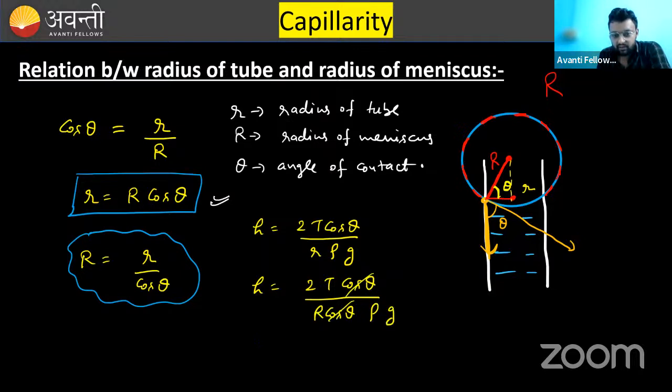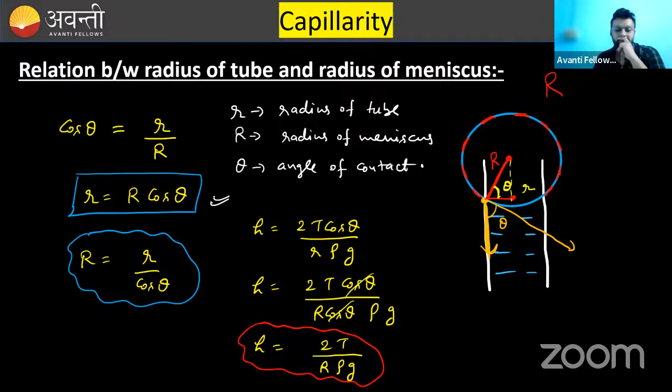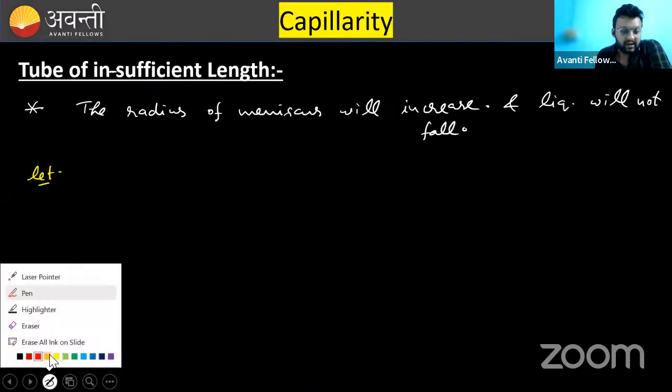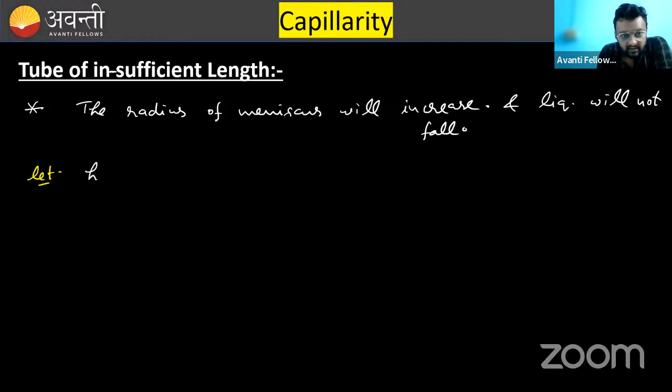Cos theta will be cancelled out and H will be 2T divided by R rho g. So this relation is in the form of the radius of meniscus. I think every point is clear till now. You can ask if you want to ask. Okay. So for the tube of insufficient length, I am assuming H1 is the calculated height.